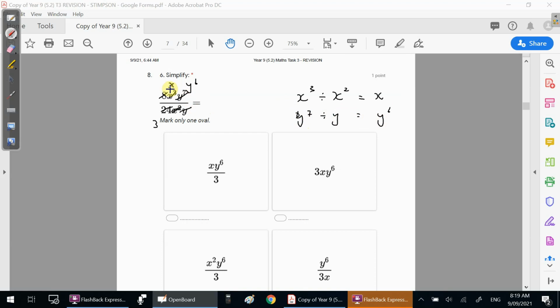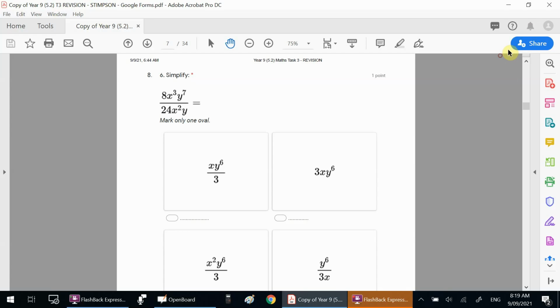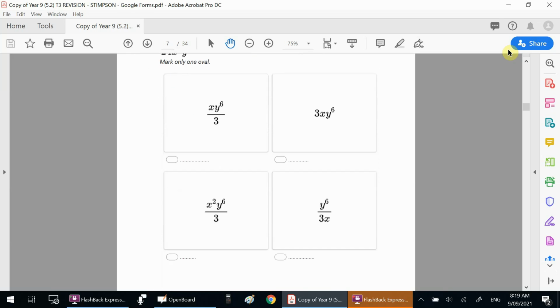So we're left with x y to the 6 on 3. That's the next one.